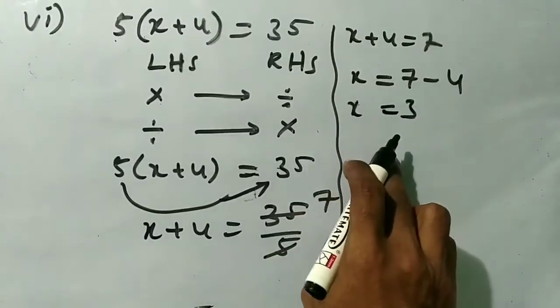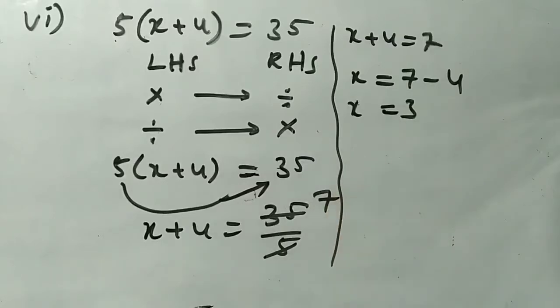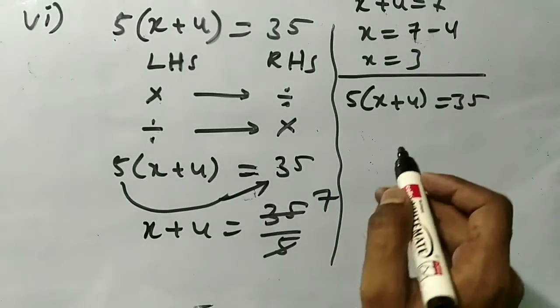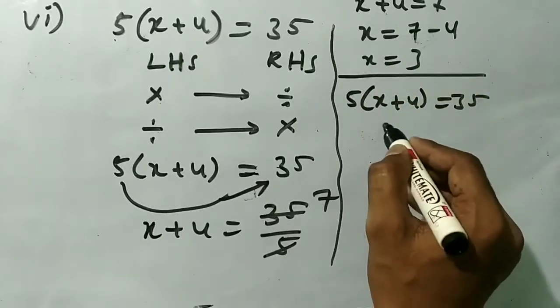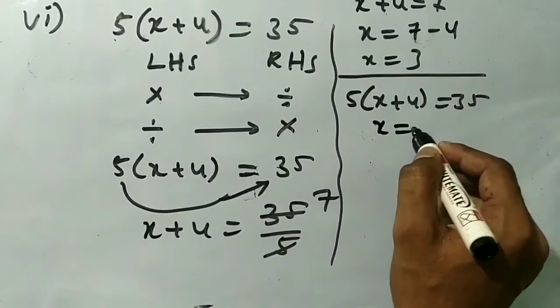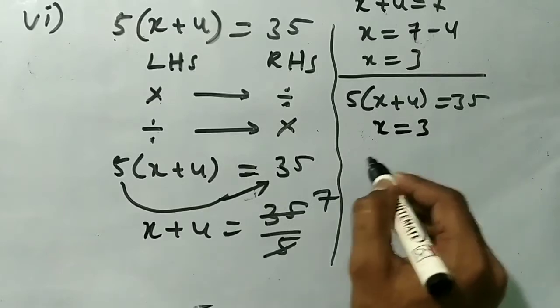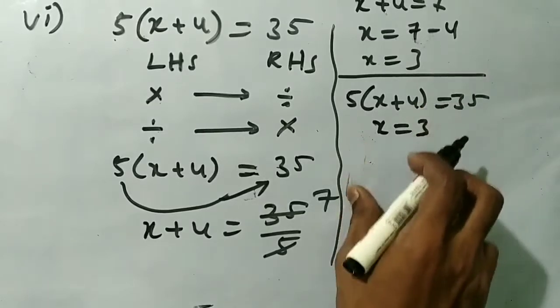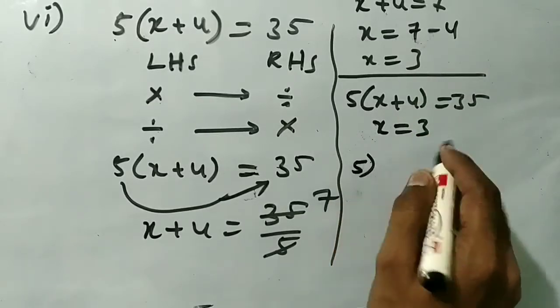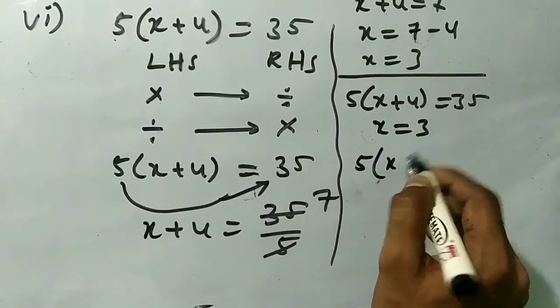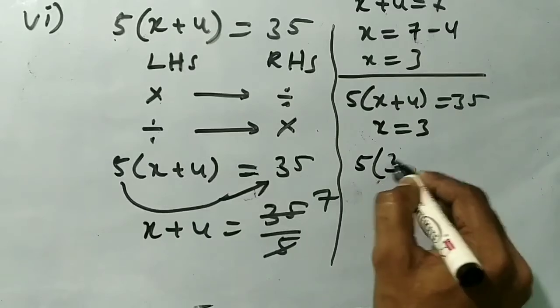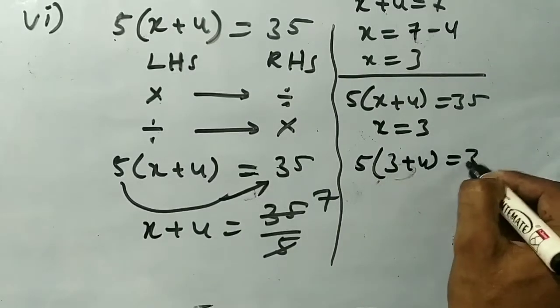We have to check whether x is equal to 3 or not. Here we have to write the question again. We know already x is equal to 3, so substitute the value 3 where the x is. 5 into 3 plus 4 is equal to 35.